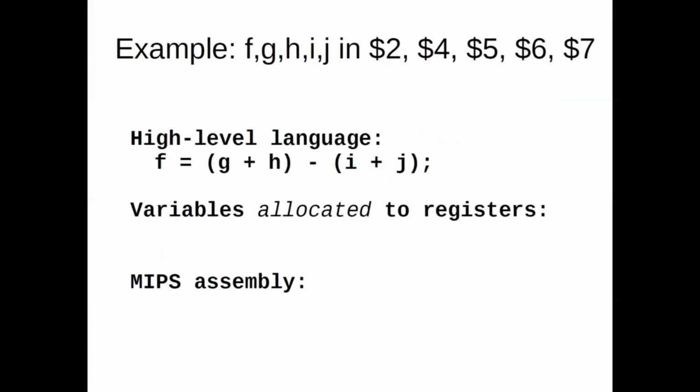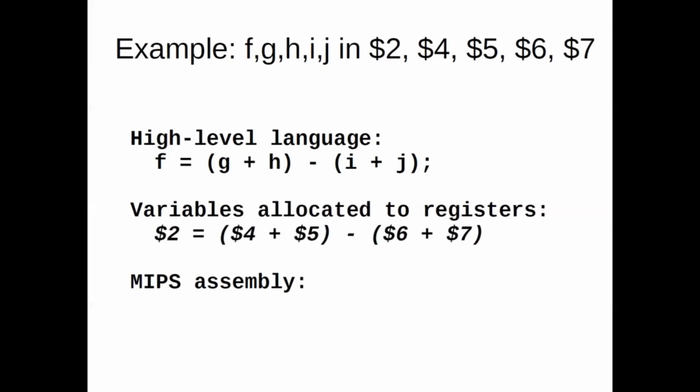So here we see an example of an expression written in a high-level language that's rather complicated. Let's assume that the registers have been allocated for the variables f, g, h, i, and j as $2, $4, $5. In high-level language, the expression f equals g plus h minus i plus j will get translated to MIPS assembly as follows.